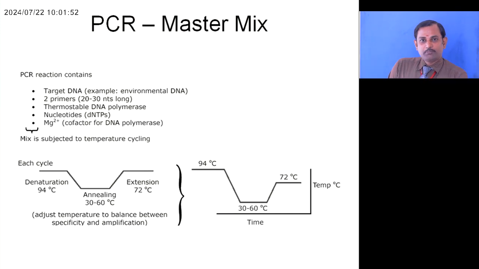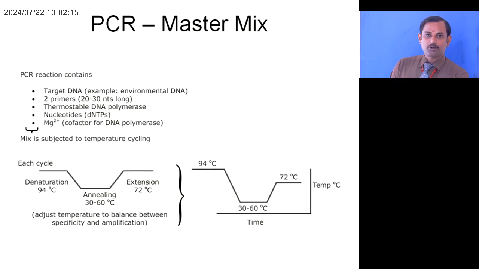To run the PCR, we need to prepare a master mix. The PCR master mix is nothing but all the reagents put together in a single vial, which is needed for the execution of a PCR. The reaction mixture contains target DNA, two primers, that is forward primer and reverse primer.